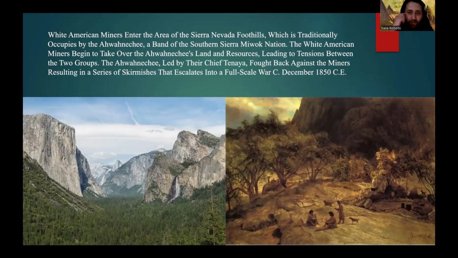I do apologize to any members of the Miwok Nation for butchering that. The white American miners would begin to take over the Ahwanichi's land and resources, leading to tensions between the two groups. The Ahwanichi, led by their chief Tenaya, fought back against the miners, resulting in a series of skirmishes that escalated into a full-scale war.